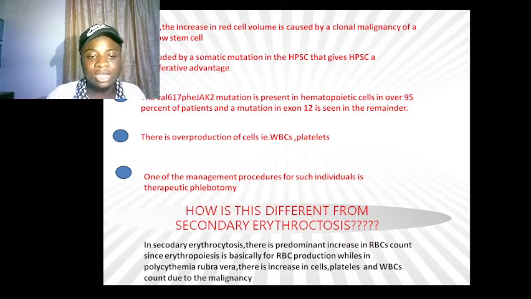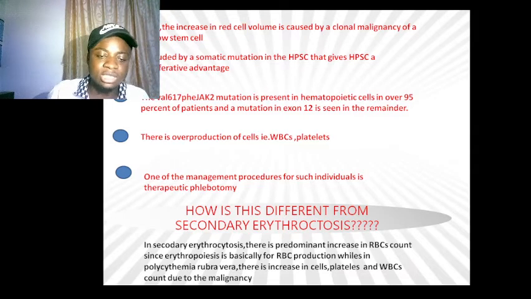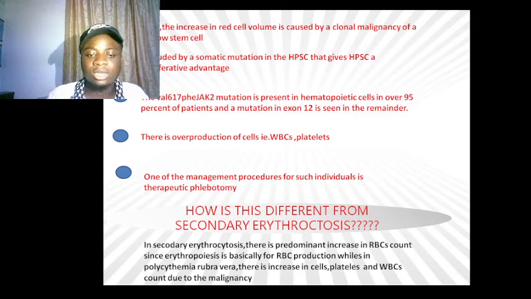You understand that? So it is not a malignant condition, and if there is excess erythropoietin production, there is always going to be an increased level of what? RBC, red blood cells. But in polycythemia rubra vera, there is an increase in other cells, which can be platelets or WBC, as a result of the malignancy. So take note of the two.